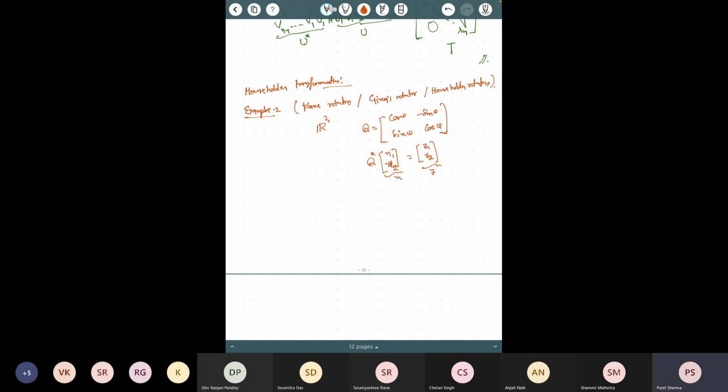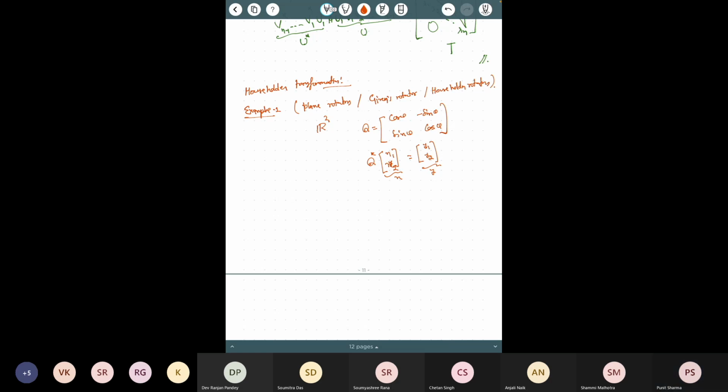So this is the rotation in the xy plane. You can verify that this Q matrix is a unitary matrix, or real orthogonal in R2.